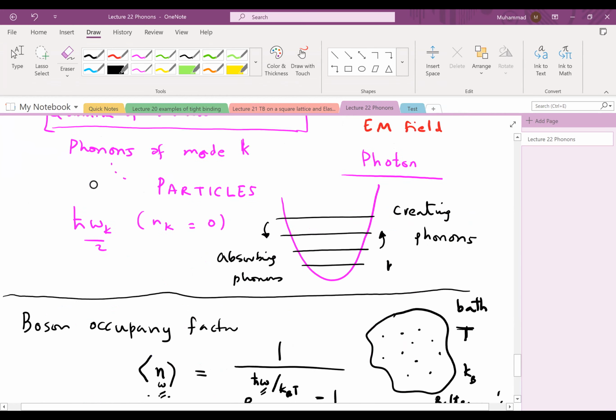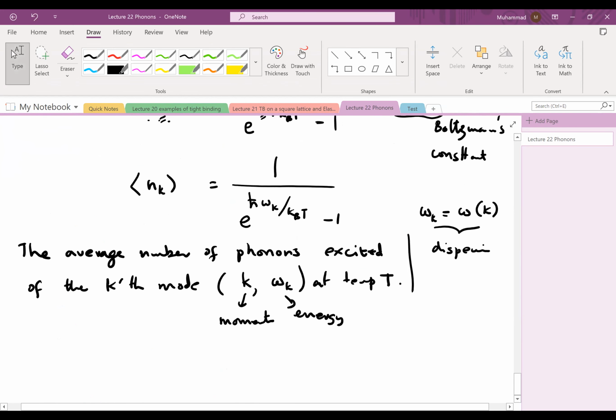So in this picture, the expectation value of the energy in the kth mode will be given by h bar omega k times nk plus half. And if nk is much larger than half, which means that the temperature is much larger than 0 kelvins, I can sometimes ignore this 1/2.